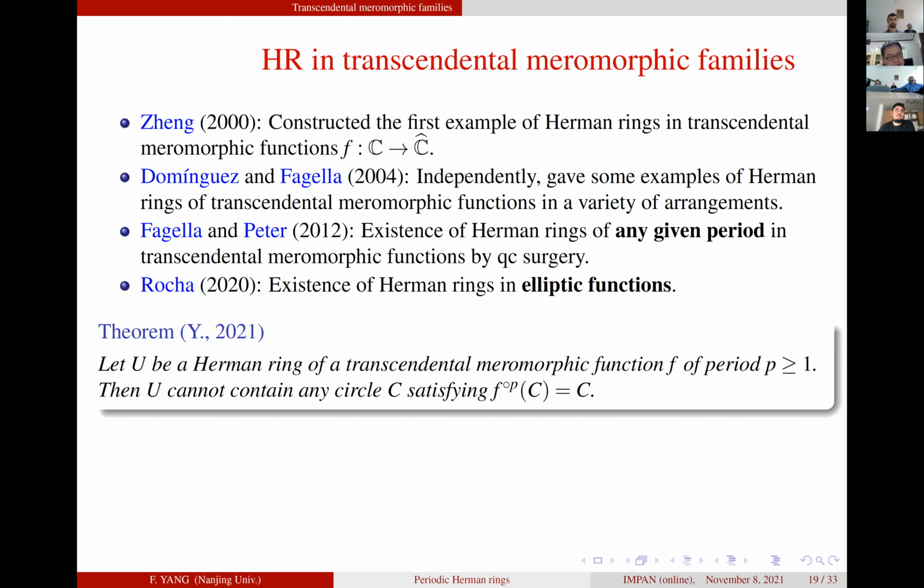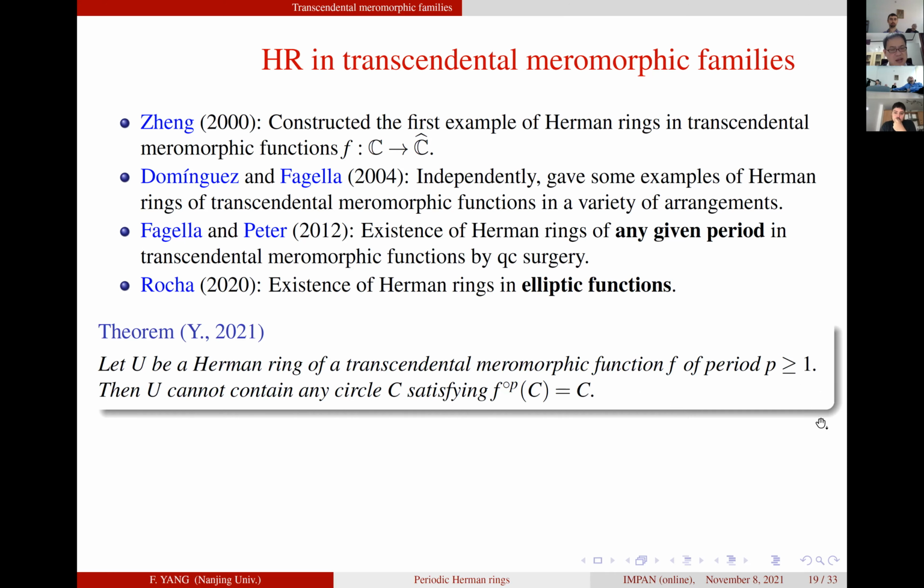As before, we can also prove that if U is a Herman ring of a transcendental meromorphic function of period p, where p is allowed to be 1, then U cannot contain any periodic circle C satisfying f^p(C) = C. Recall that in the rational case, we required p to be at least 2, but in the transcendental meromorphic case, p is allowed to be 1.